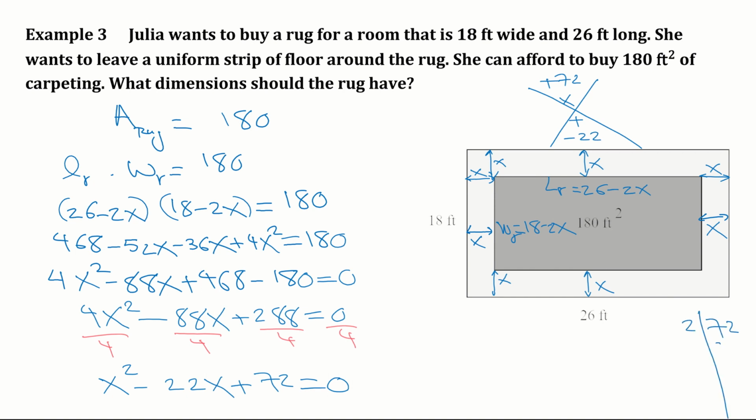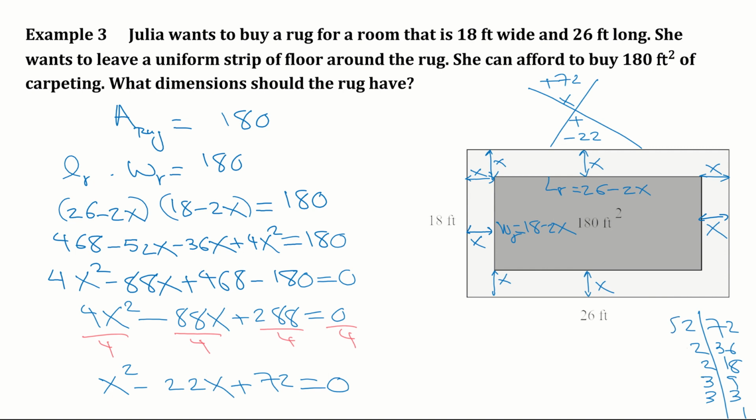2 gives us 36, 2 gives 18, 2 gives 9, 3 gives 3, and 3 gives 1. So here are some of our possibilities. We have 2 times 36, for instance, 4 times 18. That looks to be a winner, right?